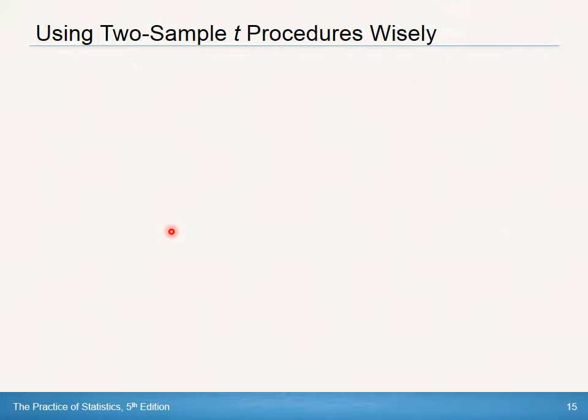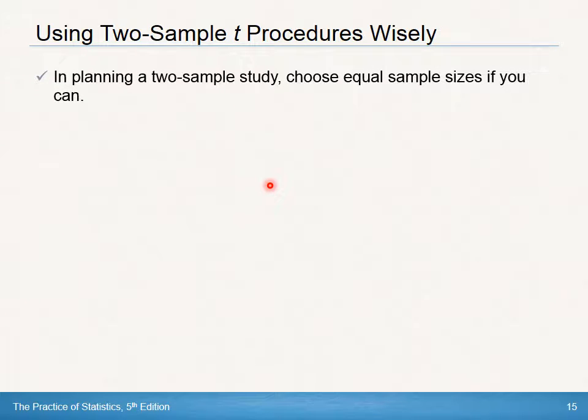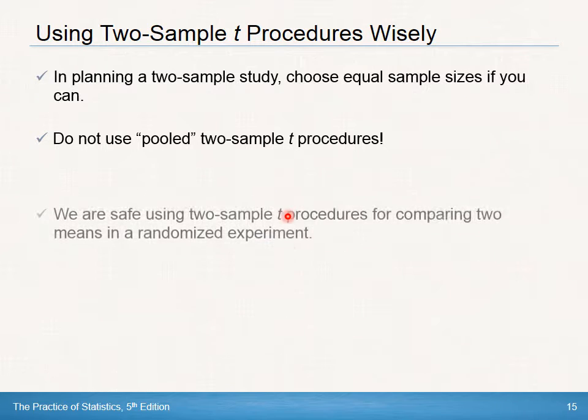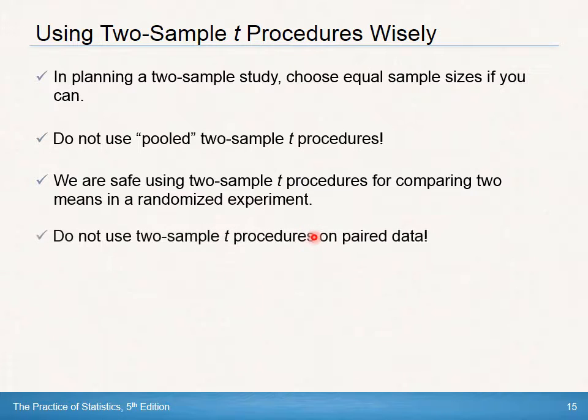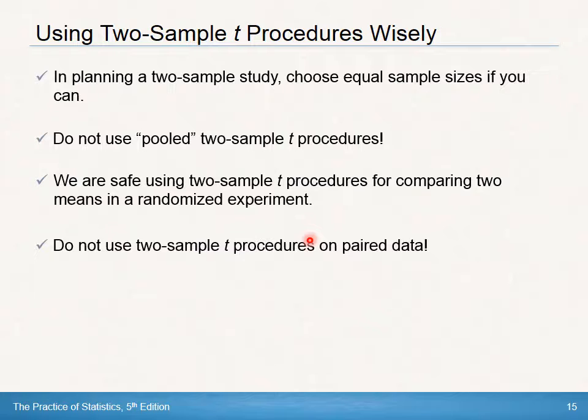So using two sample t procedures wisely. In planning a two-sample study, choose equal sample size if at all possible. Do not use pooled two-sample t procedures. We are safe using two-sample t procedures for comparing two means in a randomized experiment.